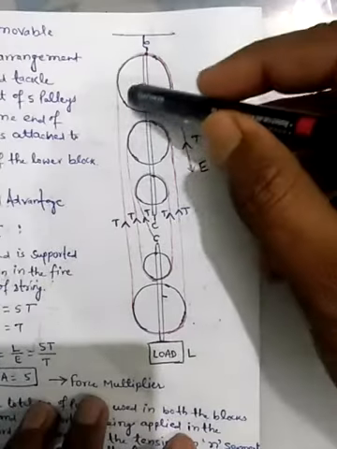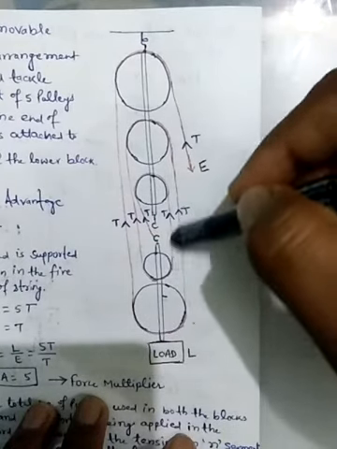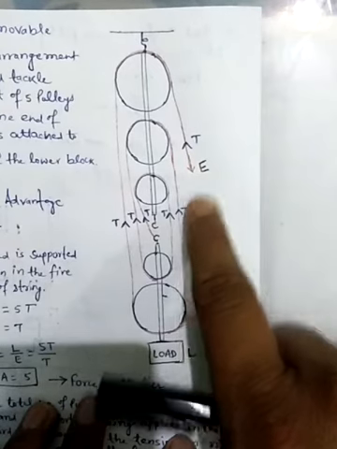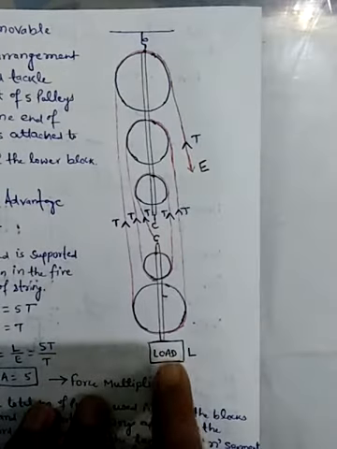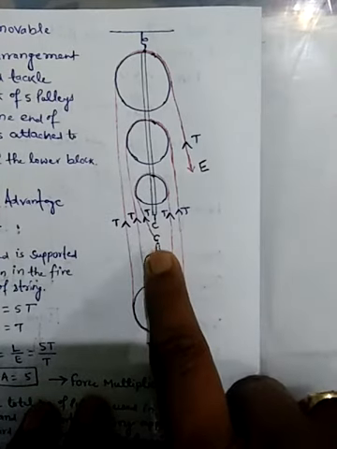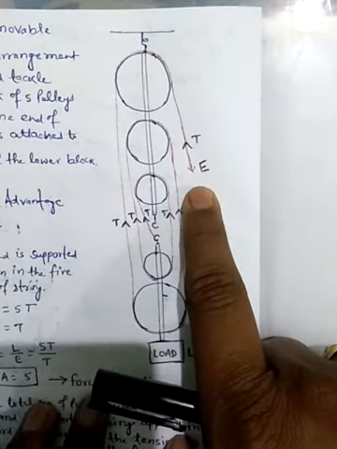Here the string is shown with red color, which is passed over all the pulleys, and one end of the string is attached to the load end, that is the movable pulley, with the help of a hook, and the other end of the string is the effort end.